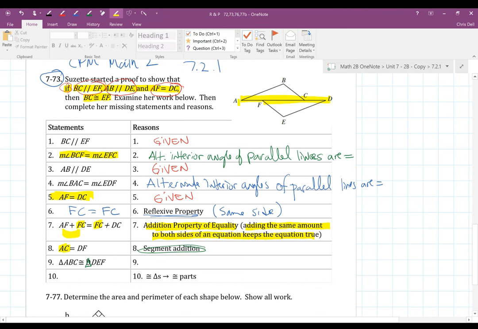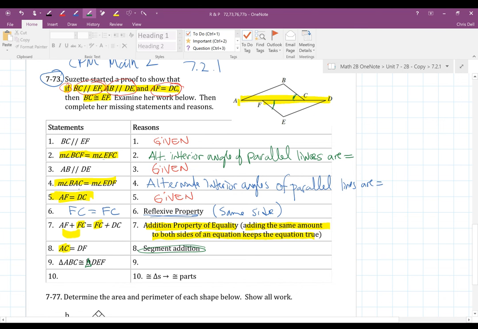I also have two angles. I have BCF, which is right here, congruent to EFD, so I showed those congruent.